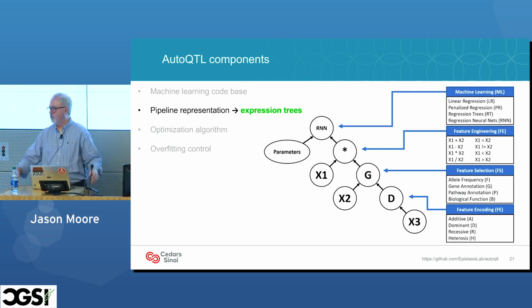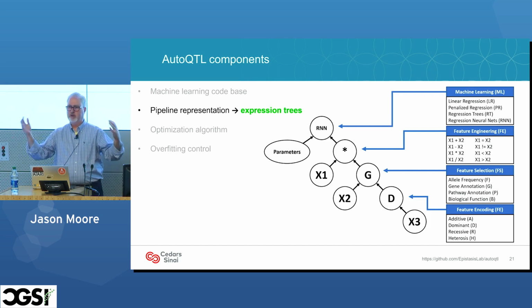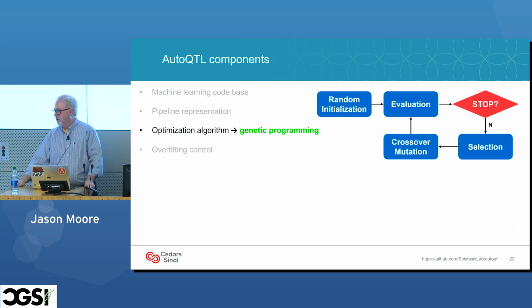So what the algorithm does is it's generating hundreds or thousands of pipelines like this. They can be any shape, they can be any size, they can be any combination of operators. We do something called genetic programming, which is really ideally suited to this expression tree representation, which is a pretty simple idea. We randomly initialize hundreds or thousands of these pipelines.